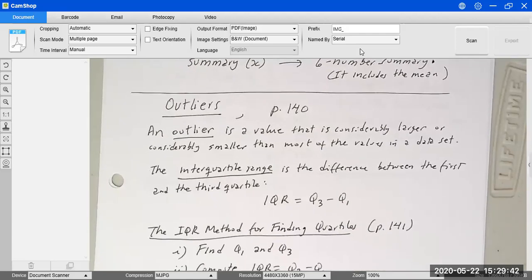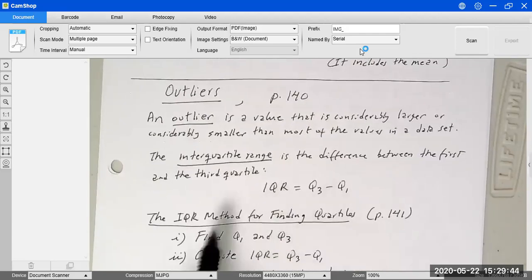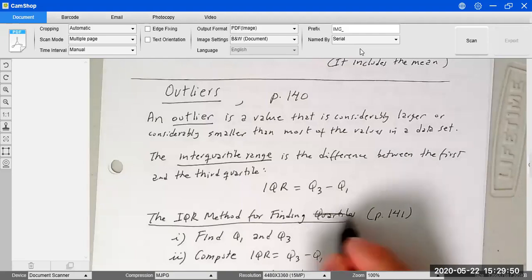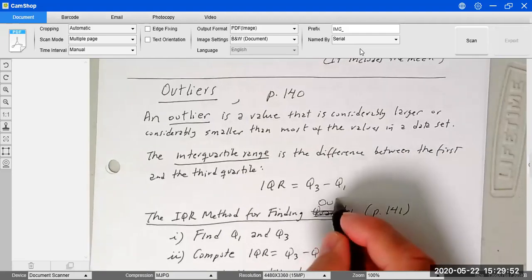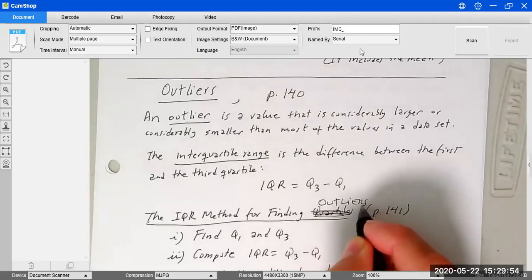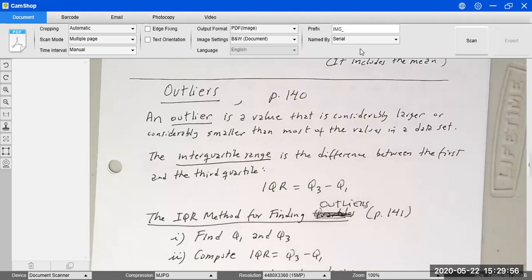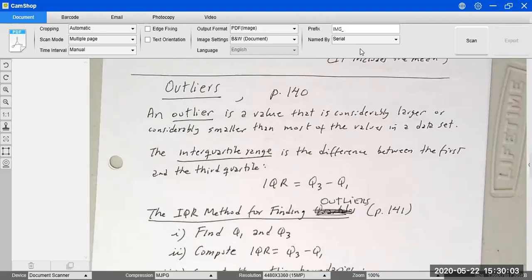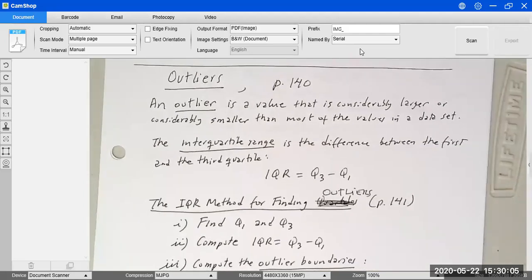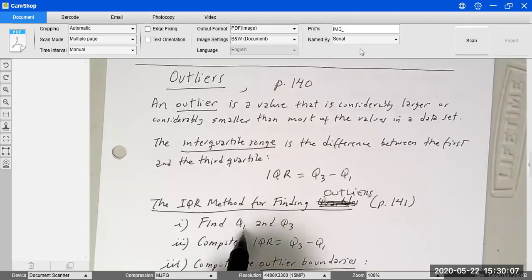We're going to use that in the method that is called the IQR method for finding outliers. This method is defined on page 141.